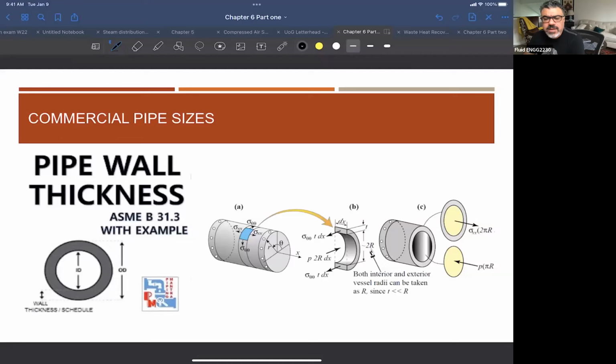In mechanics 2, yeah, mechanics 2, when you are looking at it, the piping is considered to be a pressure vessel, right? So in this case, you can consider the thickness here.